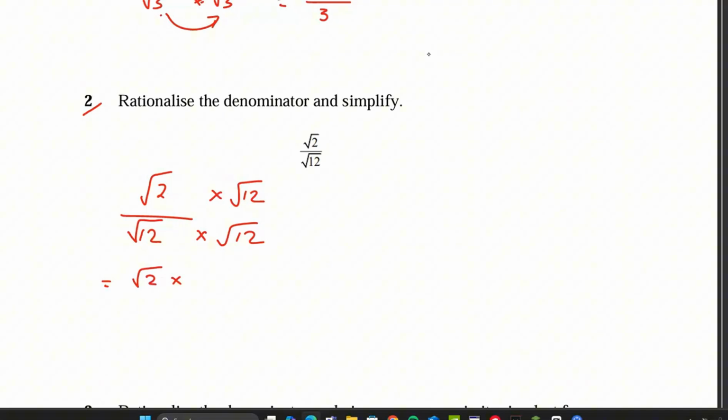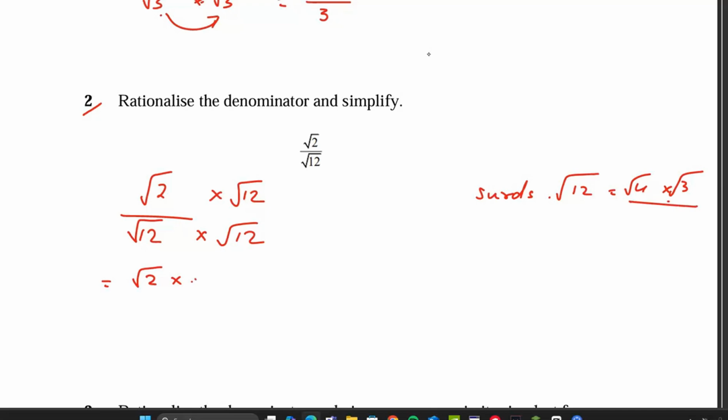Now, if you've studied surds, we can write root 12 as the product of one of the square numbers times any other factor of 12. So one of the numbers must be a square number. So in this case 4 is a square number.